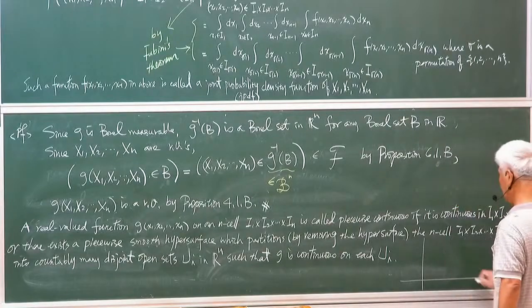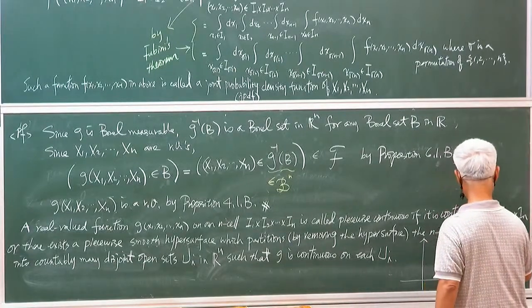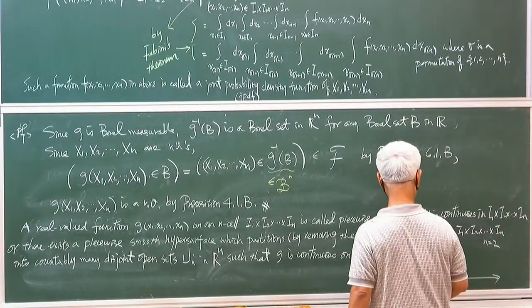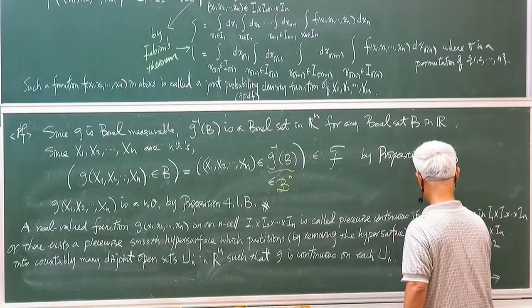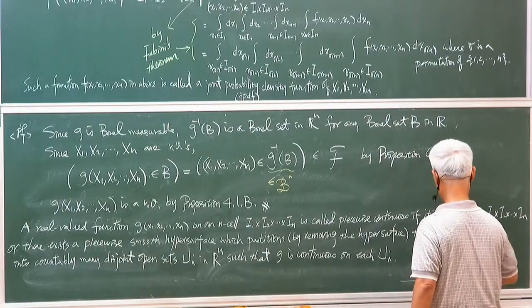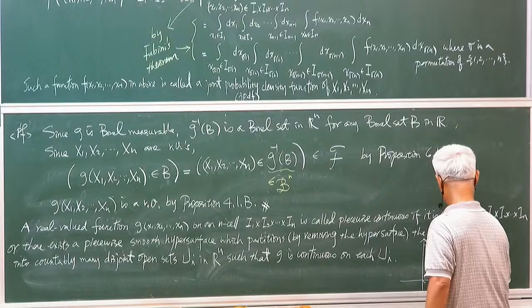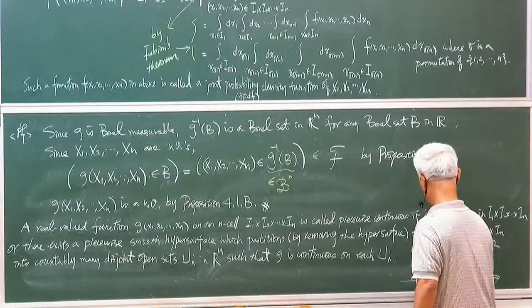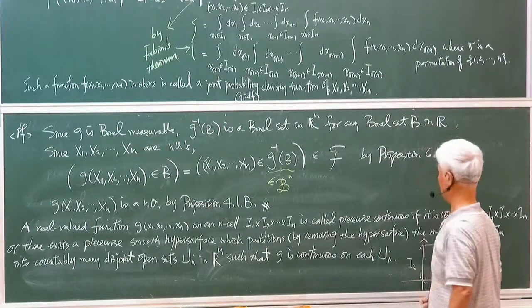So for example, for n equal to 2, we look at this I1, this I2 here.